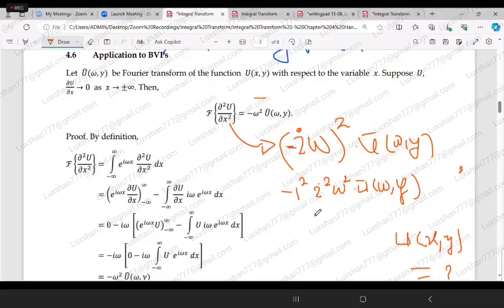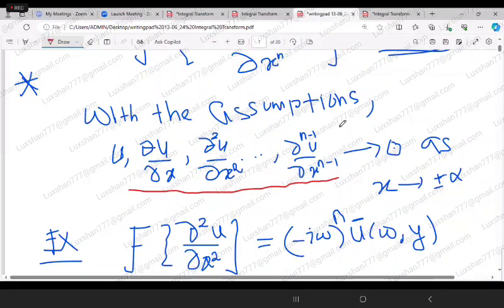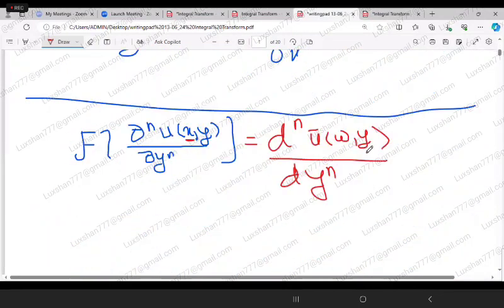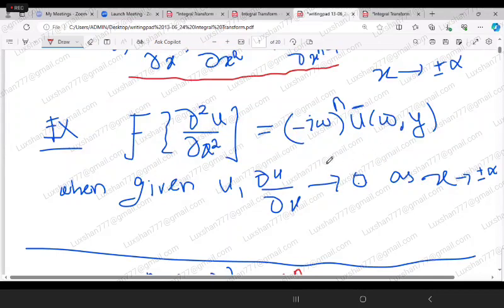So minus 1 squared is plus 1, i squared is minus 1. So minus ω squared ū(ω). This is how it came. If you simplify this one, you will get −ω² ū.